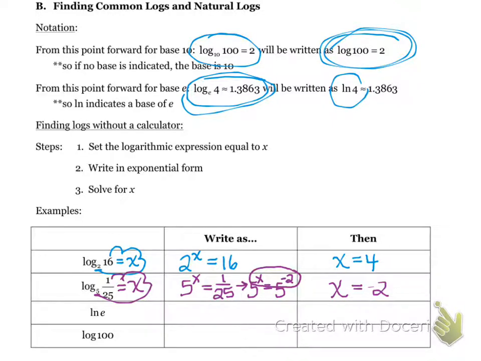All right, now we have an ln. Now, the base is e. The argument in this case is e as well, so don't get that confused. So we write our base of e that we don't see, it's down here, to the x equals e, the argument. Well, what to the x equals the same thing? 1.